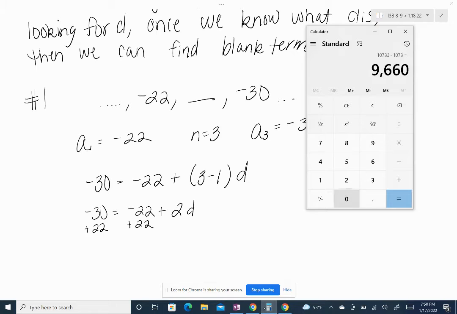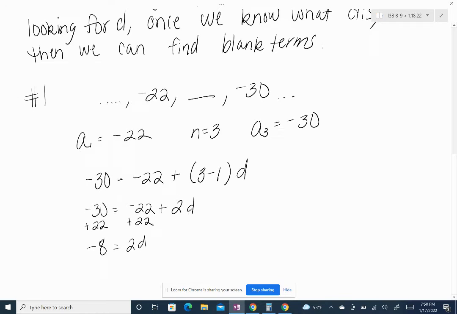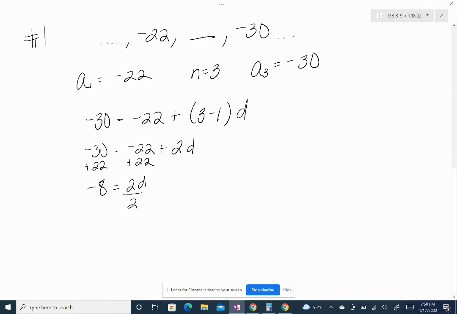Negative 30 plus 22 gives us negative 8. So negative 8 equals 2d. Like I said before, we want to get d by itself. That's 2 times d, so we're going to divide both sides by 2. We get negative 4 is equal to d. Now, that's not our final answer.